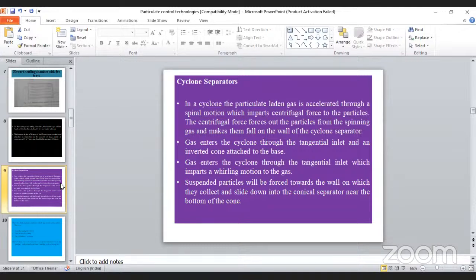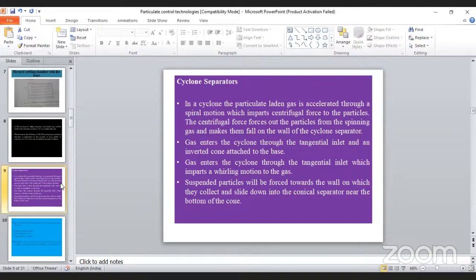You can look at the diagram, you can understand. When we want to make this vortex motion, we have to introduce some sort of spiral motion inside. When it makes the spiral motion inside, obviously the particles are also making the same pattern of motion.